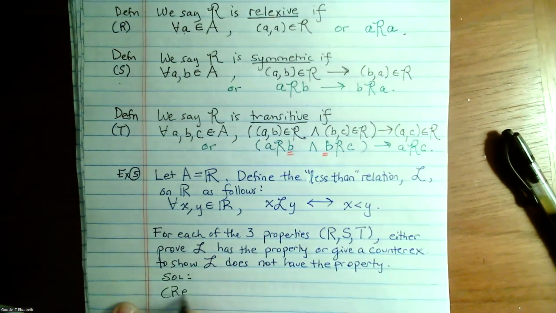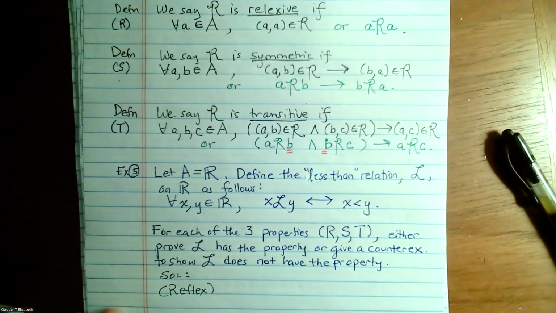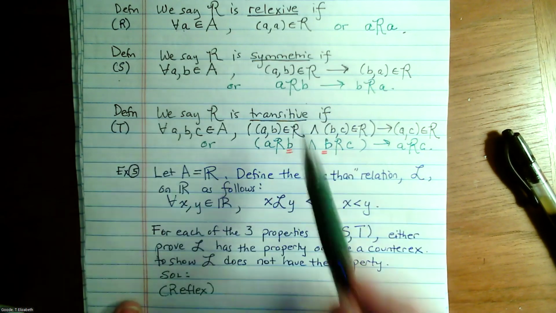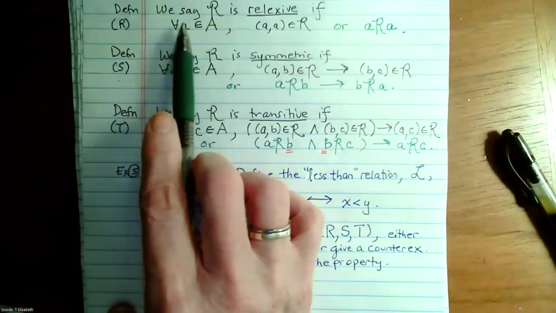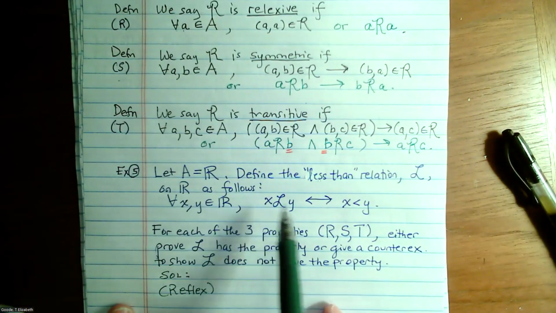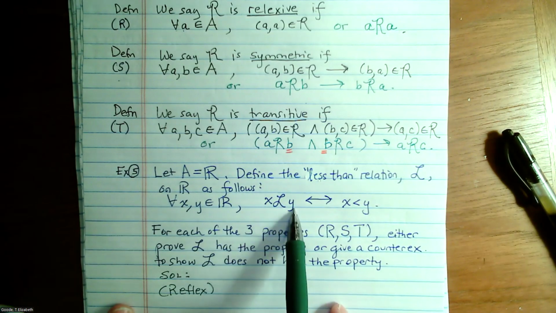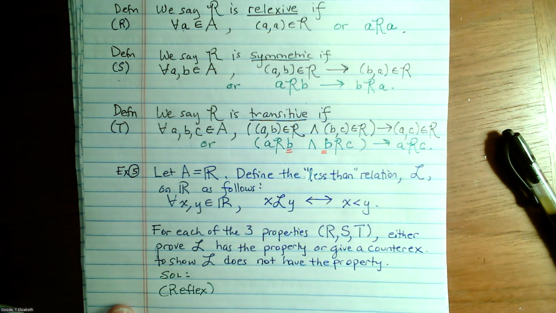Let's think about reflexivity first. So for the less than relation to be reflexive, it means for every x in the reals, x has to be L to x. In other words, x has to be less than x. Is that going to be true for every real number, x?